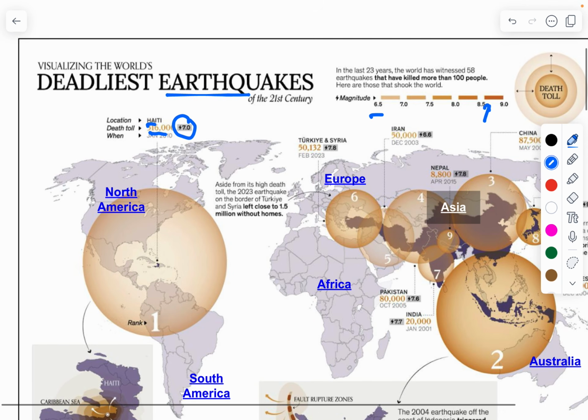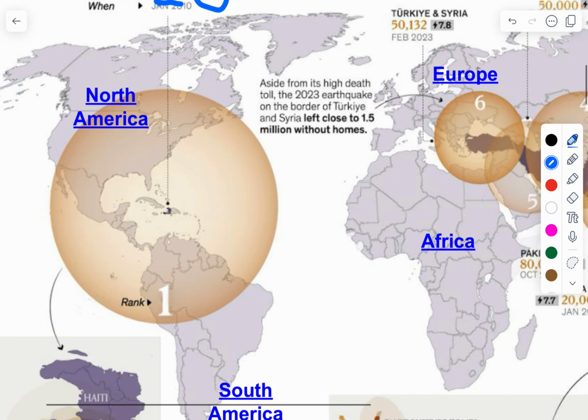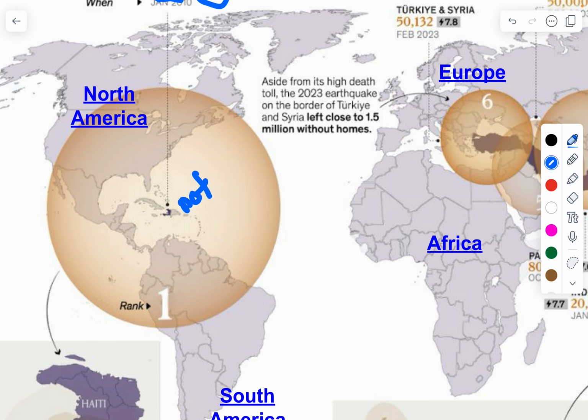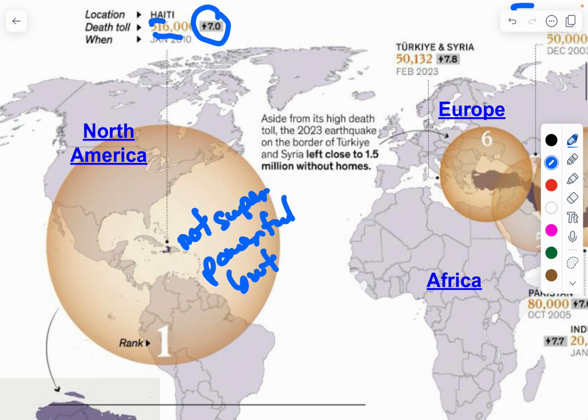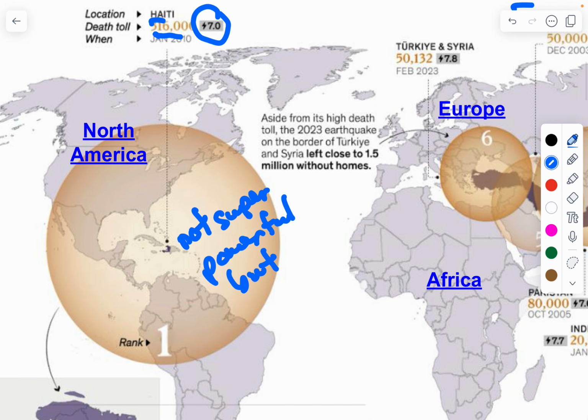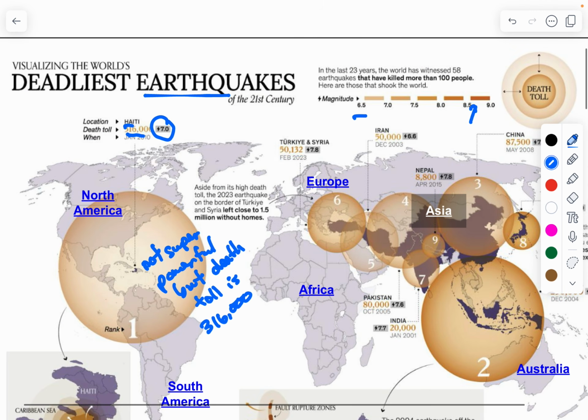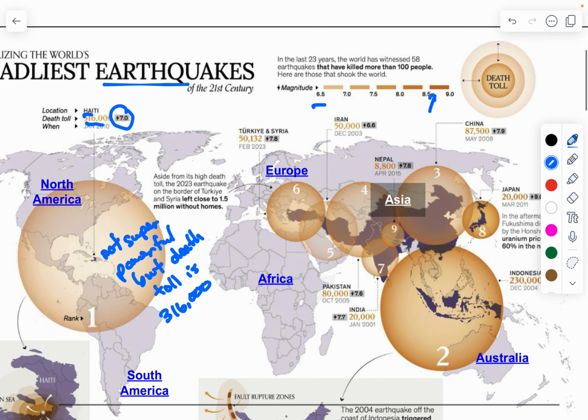We're making notes. Not super powerful, but the death toll is 316,000, and so it hurt a lot of people.